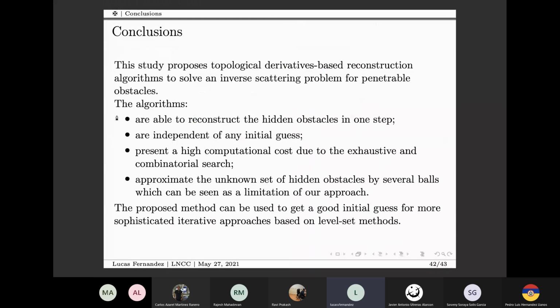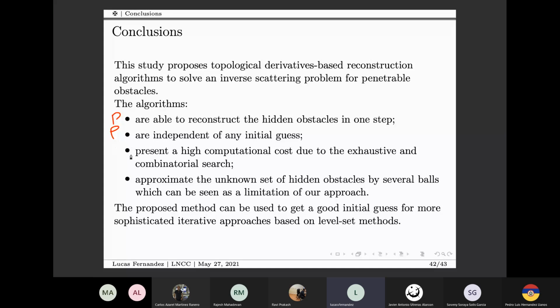So here is an advantage, a pro. In addition, the algorithms are independent of any initial guess, another pro, and these first two pros make the algorithm very robust with respect to noise data. We can work with the level of noise up to 50% and get good results.